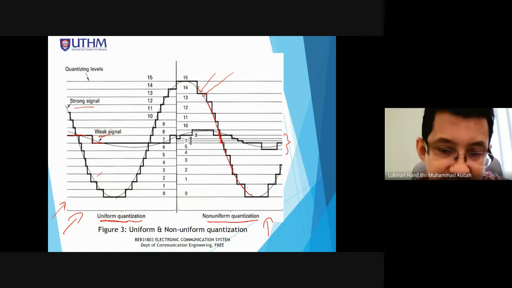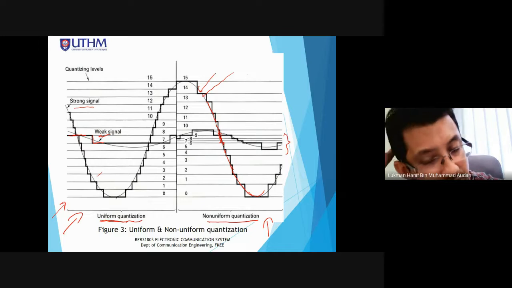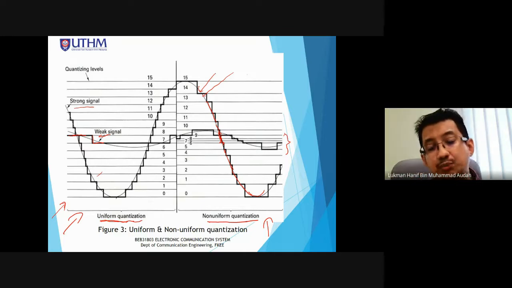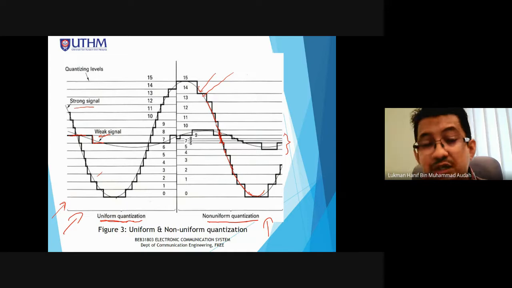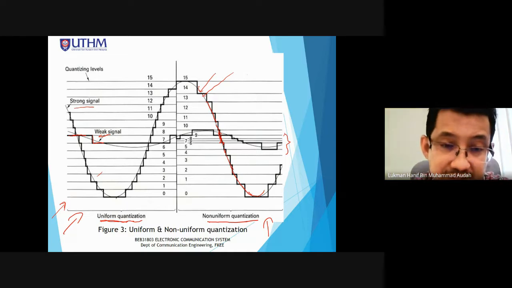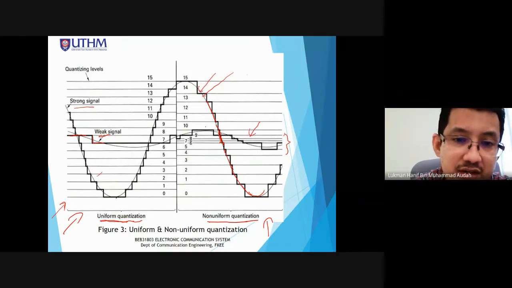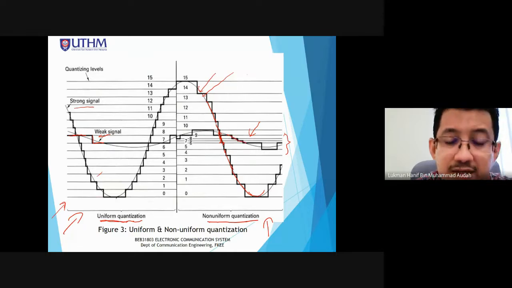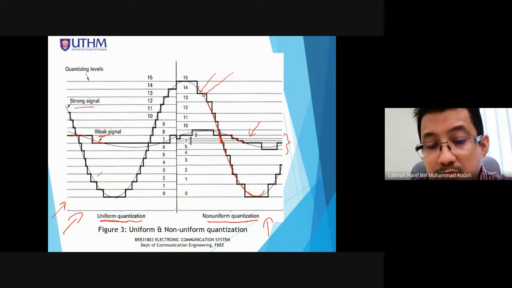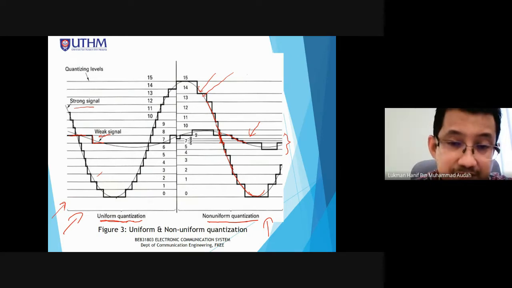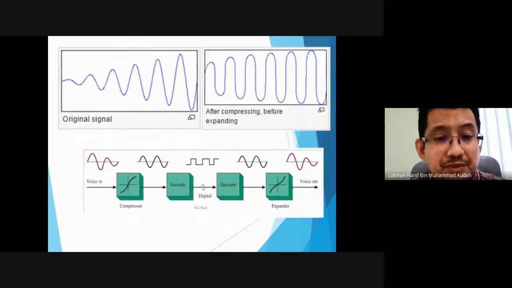Okay, so step size menjadi besar untuk slope yang landai, manakala slope yang curam dia akan jadi banyak step size. Untuk weak signal, sama juga konsepnya, untuk slope yang curam ini perubahan yang cepat ini akan memerlukan banyak step size, memerlukan lebih banyak levels of quantizations. So ini dia punya theoretical concept.